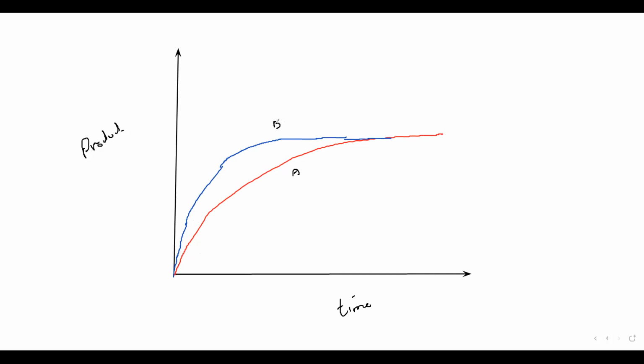Which graph is there for a large surface area? The amount of the product will be the same. So B is for large area. So B is actually the graph for a large surface area. And A is for small surface area.